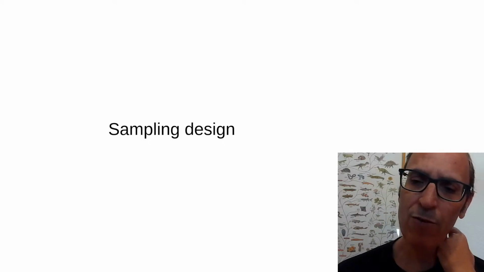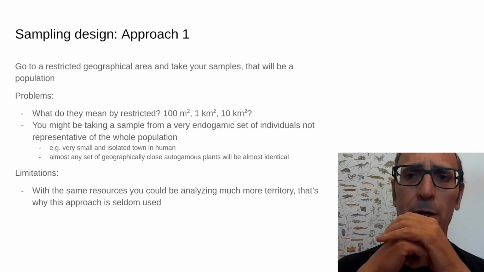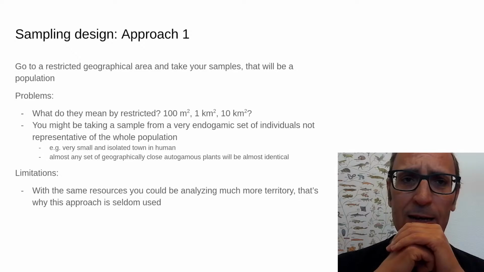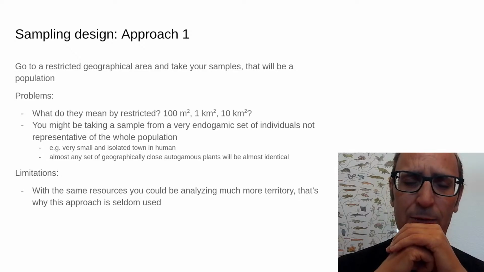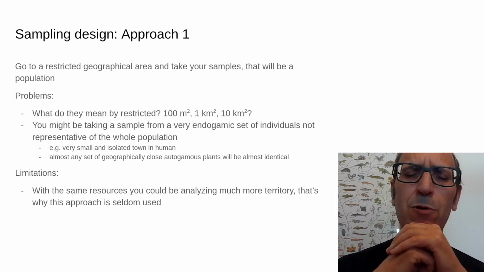How can you find these structures in real populations? Well, one way to do it is, I want to be sure that the individuals in the real populations that I am studying have had the opportunity of mating together.